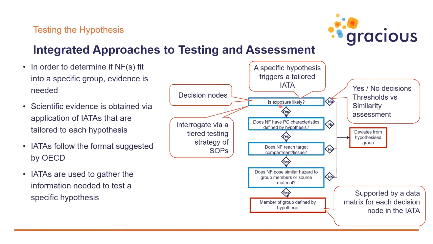To answer yes or no, sometimes you need a threshold value above or below which you can say yes or no. These threshold values are really difficult to justify scientifically, and so the alternative method that we've provided are quantitative methods to assess the similarity of your nanoforms within your group. Once you've gone through the IATA and generated the information needed, then this will help you to generate a data matrix to support your hypothesis and your similarity assessment.